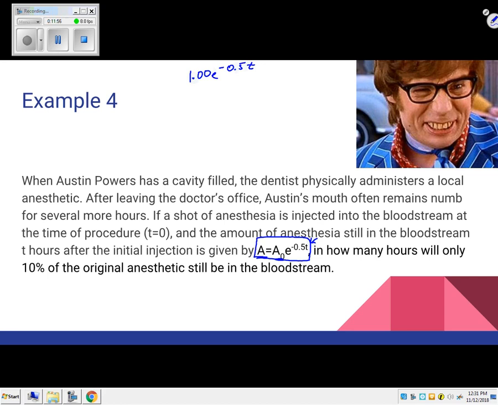So how much t do I have to put in there in order to get this down to only 10%? Now, if you're wondering why I'm using decimals, I actually could just use 100 right here and 10 right here. It's not going to matter because my very first step is going to be dividing by 1, and that's just going to give me 10% no matter what I do.